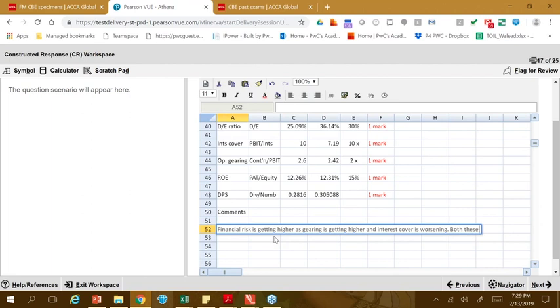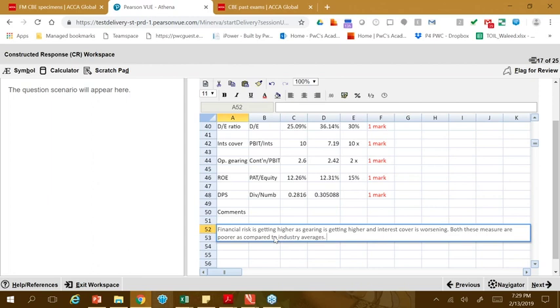Both these measures are poorer as compared to industry averages. Just a comment saying what is happening to the financial risk.